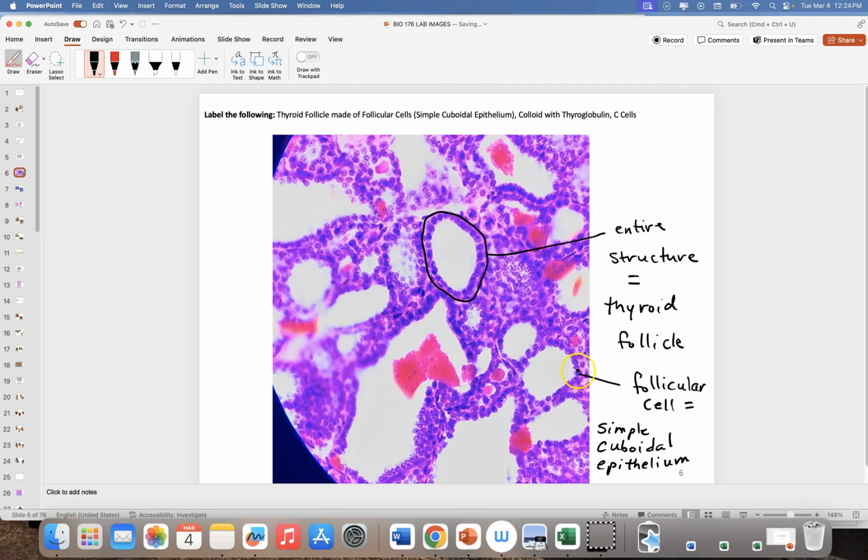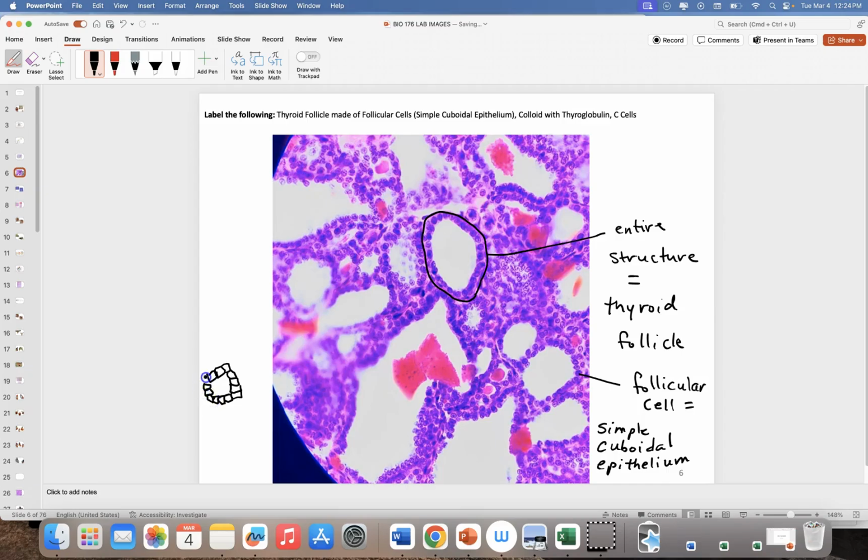Simple because we have one layer of cells. Cuboidal because they are cube shaped. So if I kind of draw a thyroid follicle over here, we've got these little cubes. They kind of come around and make a circle.